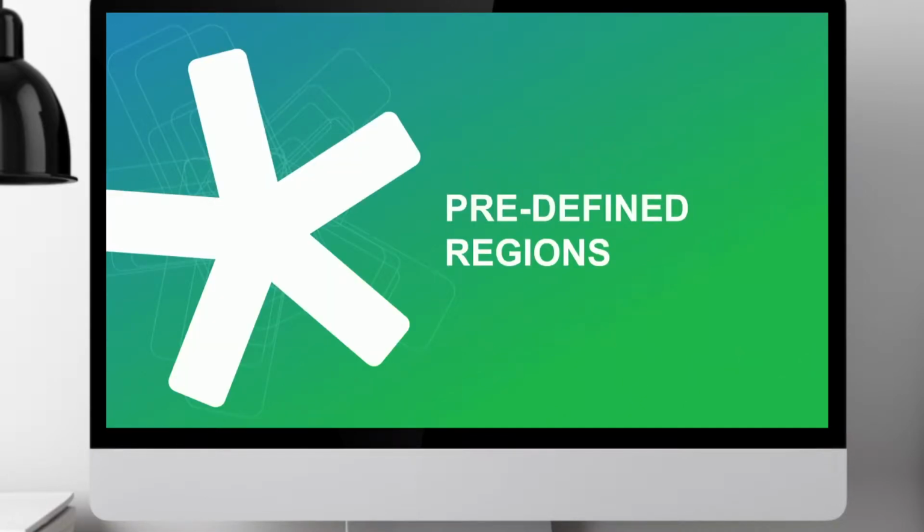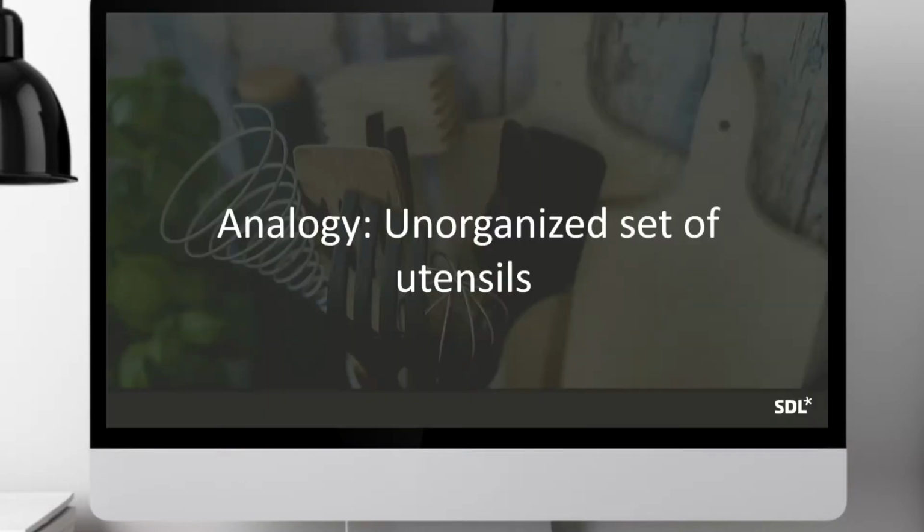Okay, so now on to predefined regions, as we call it. To explain what we're trying to do with a predefined region, you can look at a cooking analogy. If I want to cook a specific recipe, that requires a specific set of utensils.